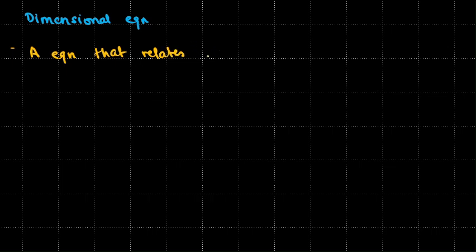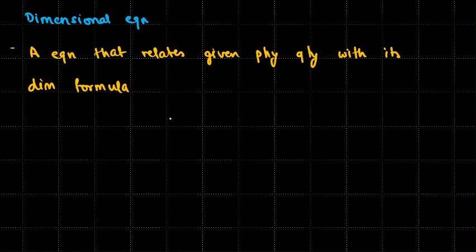So now the next thing we are going to talk about is dimensional equation. If dimensions are written in equation, then it will be known as dimensional equation. I just wrote the spelling wrong, so I was very confused. Okay, so it is an equation that relates a given physical quantity with its dimensional formula.